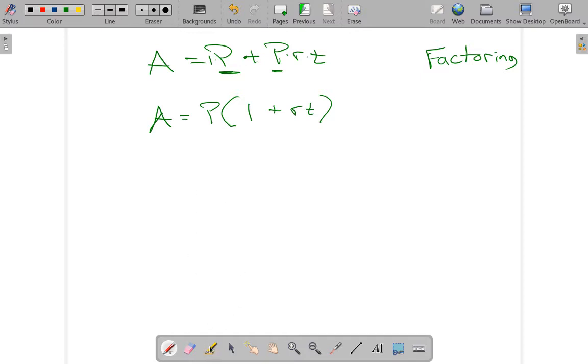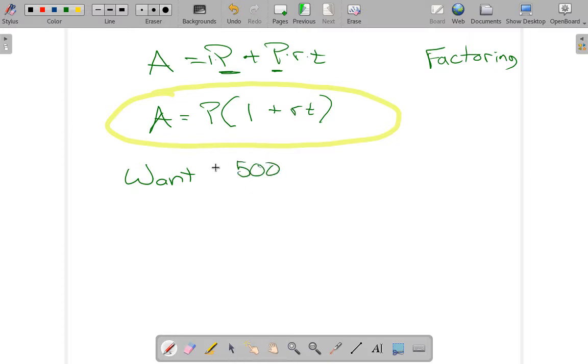Now, the nice version of this formula right here is if somebody told me that they want to have $500 in 2 years, and they got a wicked good deal on a savings account.